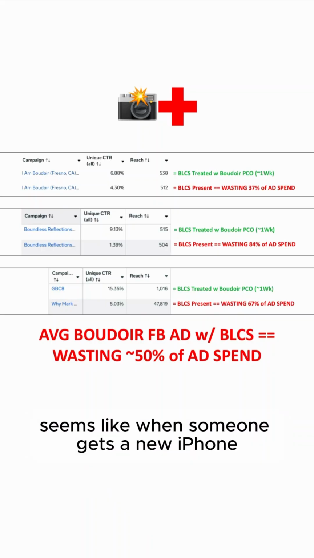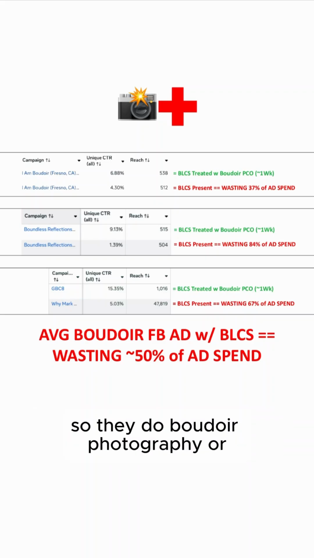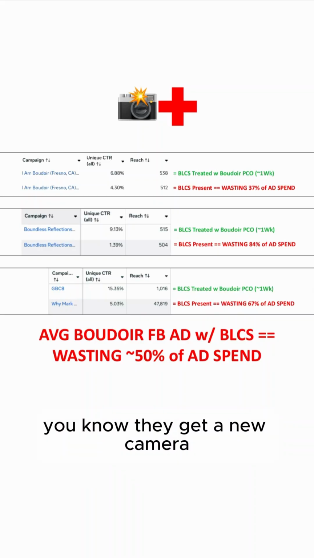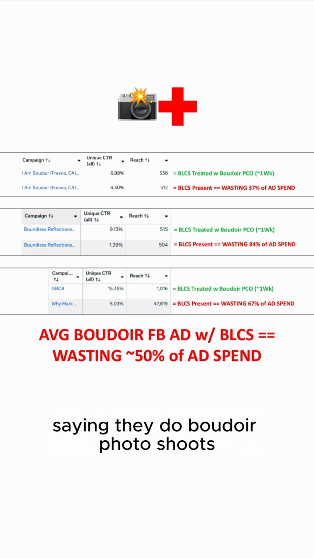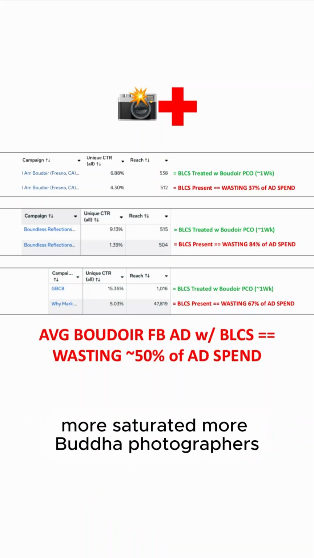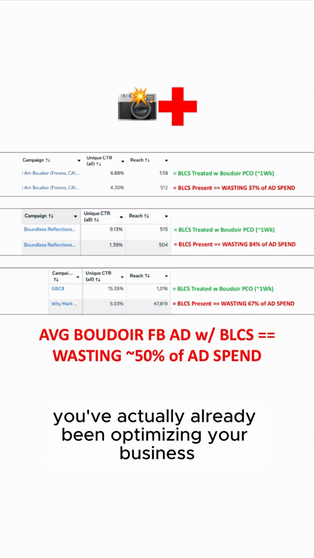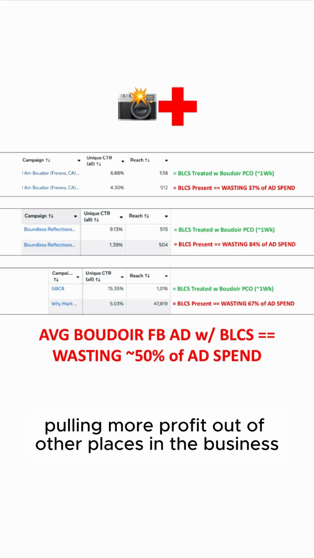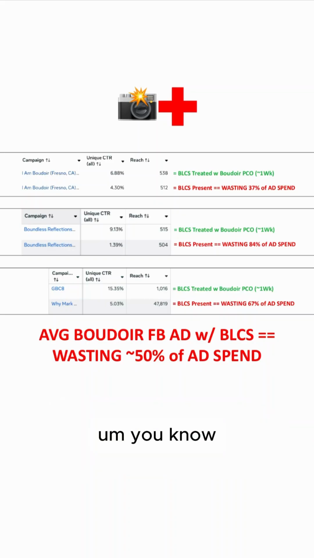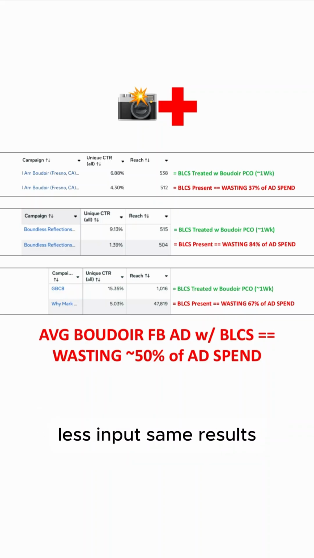It seems like when someone gets a new iPhone, every single day someone's throwing up a new Google My Business profile on Google Maps saying they do boudoir photography, or they get a new camera, they're posting in the mom groups on Facebook saying they do boudoir photo shoots, and you see it's just getting more and more competitive, more saturated, more boudoir photographers, and you're seeing inflation, cost of living rise. So you've actually already been optimizing your business, pulling more profit out of other places in the business, becoming more optimized, same effort, more results, or even less effort, same results.